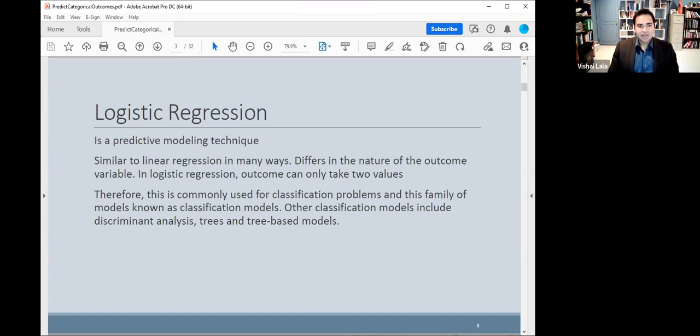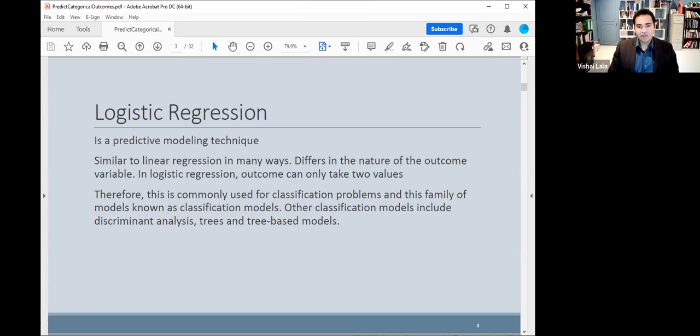Logistic regression, like linear regression, is a predictive modeling technique. It is similar to linear regression in a number of ways. The two ways in which it does differ is that logistic regression can only take two values for the outcome variable.